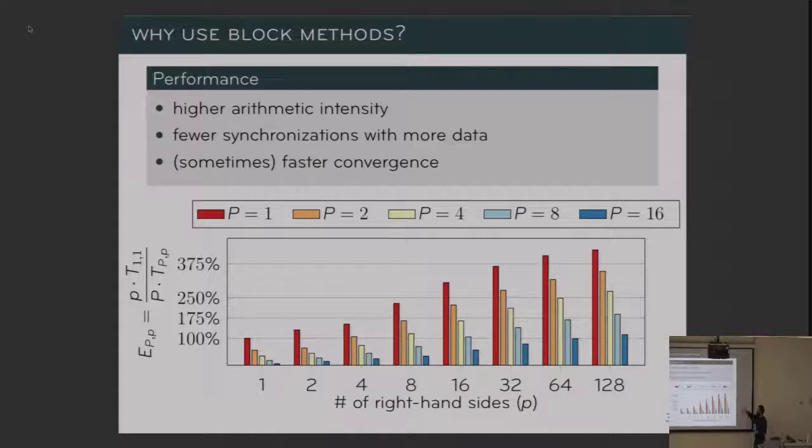In this test case, I'm doing mat-matsolve on the Maxwell equation factorized by MUMPS, which is a direct solver developed in our team. What you can see is that if you want to efficiently use the computer resources of your node, it's always better to have a high number of right-hand sides, because the forward and backward solves of a direct solver are not really optimized for a high number of threads with only, for example, one right-hand side.